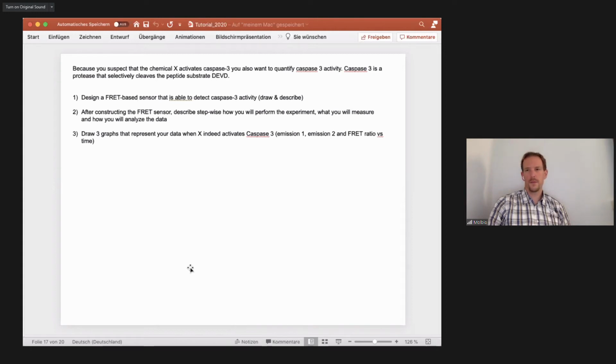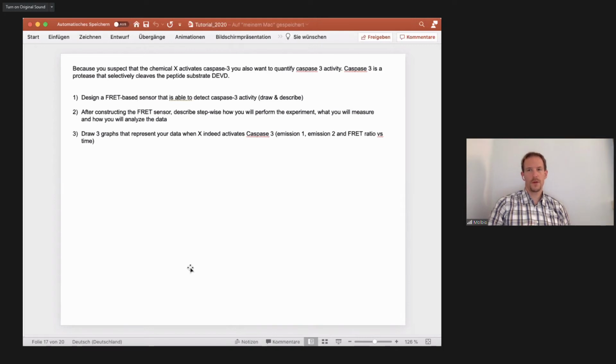Okay, here you want to use the FRET method to assess whether an enzyme, caspase 3, I guess you all have heard about it. It's an enzyme involved in apoptosis. Whether it's cleaving a certain protein.